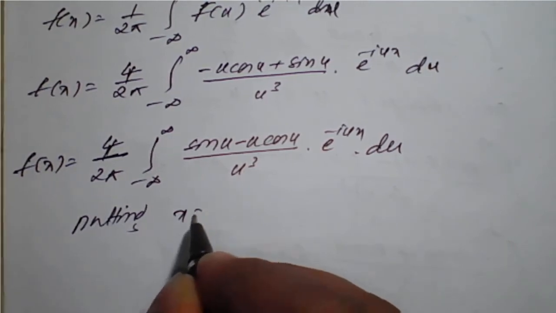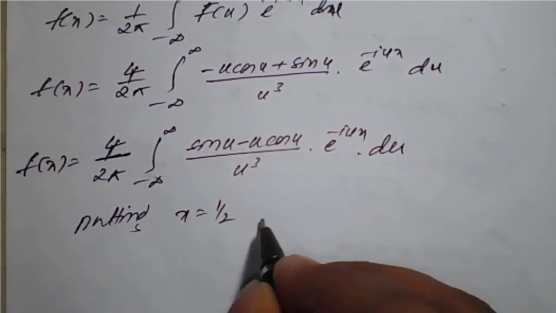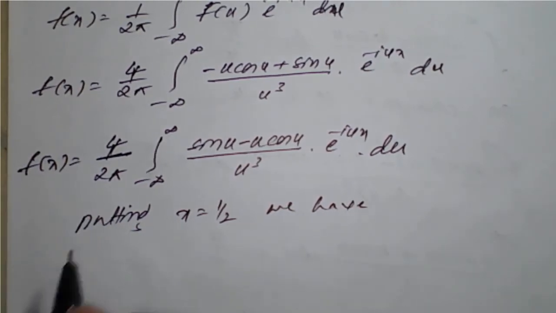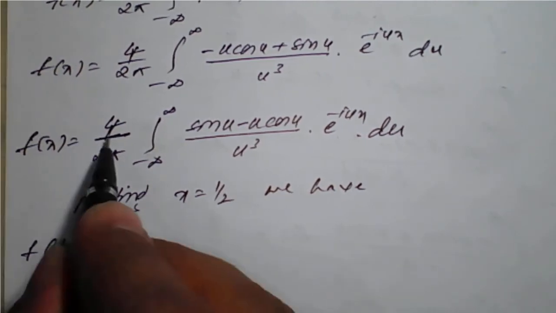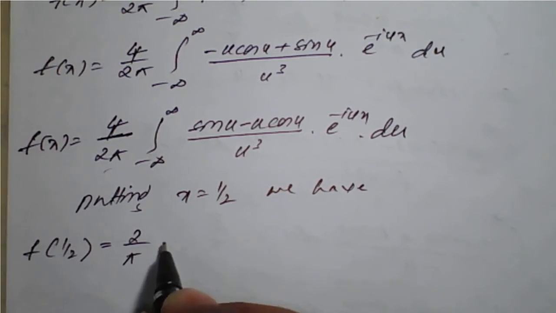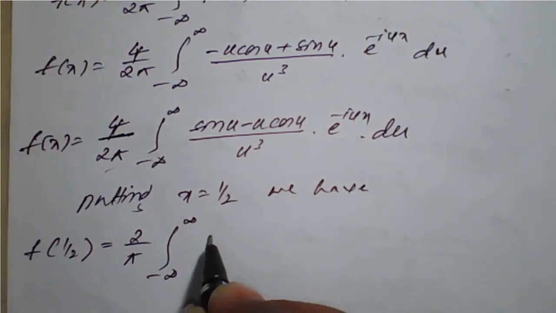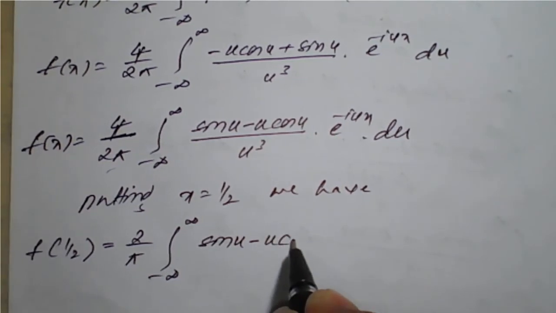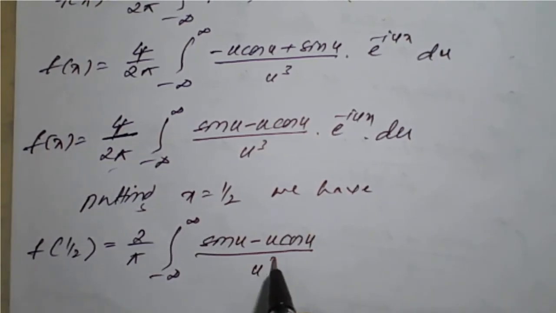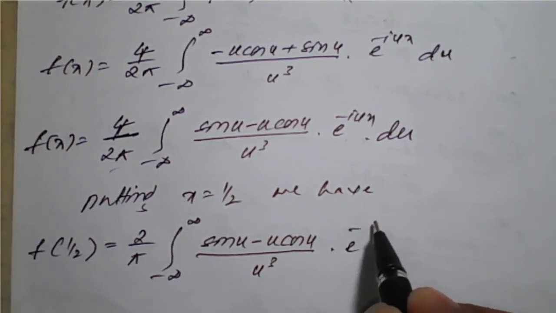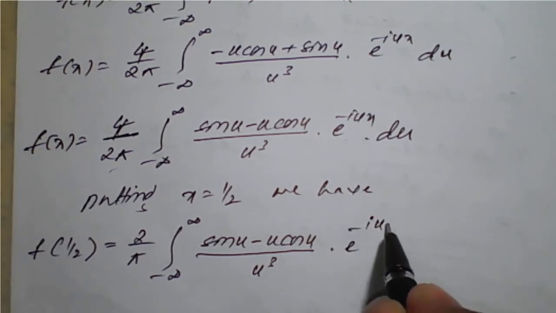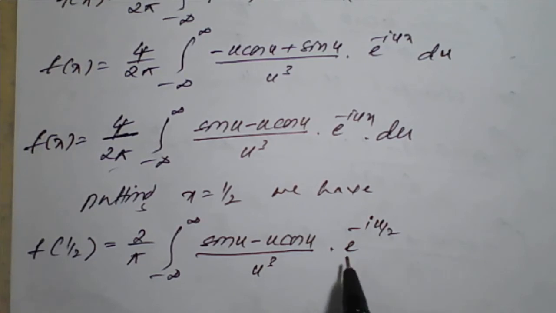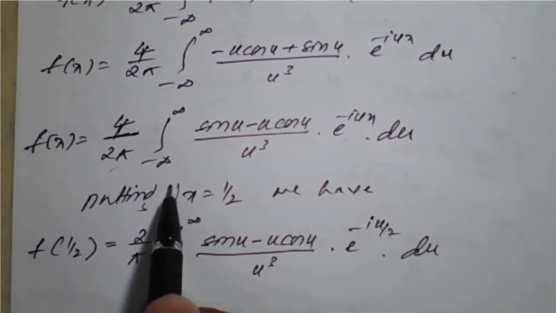Putting x is equal to 1 by 2, we have f of 1 by 2 is equal to 4 upon 2 pi, which will become 2 upon pi integration minus infinity to plus infinity of (sine u minus u cos u) divided by u cube into e raised to minus i u upon 2 into du, because we have taken x as 1 by 2.